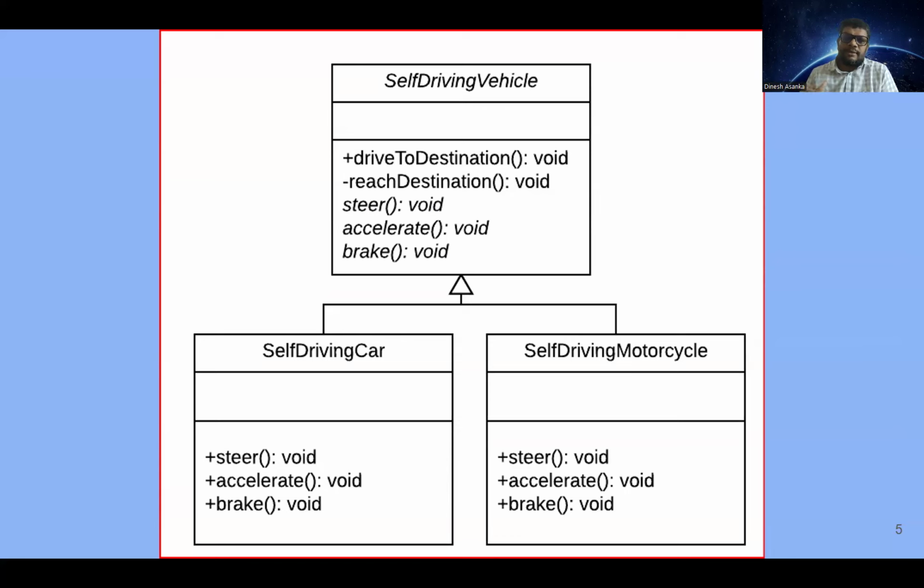You accelerate, steer, and brake. So you define your algorithm sequence in a superclass, and the implementations are done at the subclass level because the implementations are different from class to class.